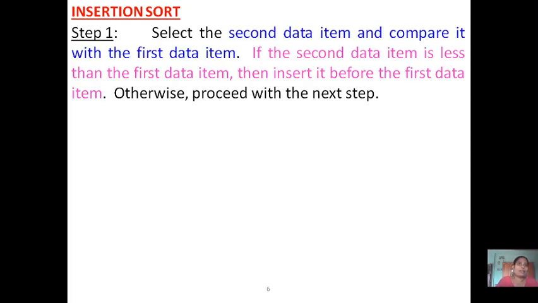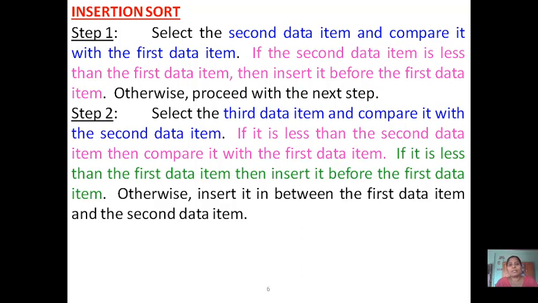Now let us see how the insertion sort procedure will work. Select the second data item and compare it with the first data item. If the second data item is less than the first data item, then insert it before the first data item. Otherwise we will come to the next step. Select the third data item and compare it with the second data item.